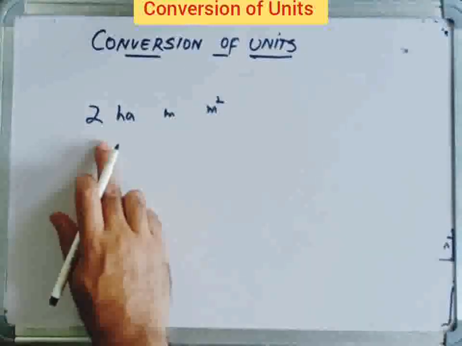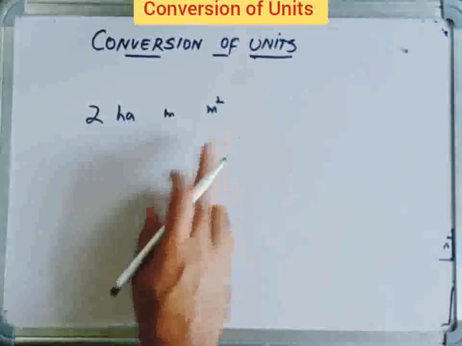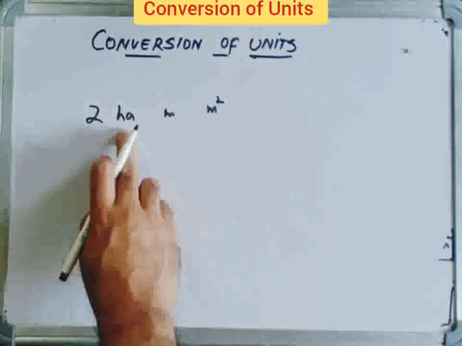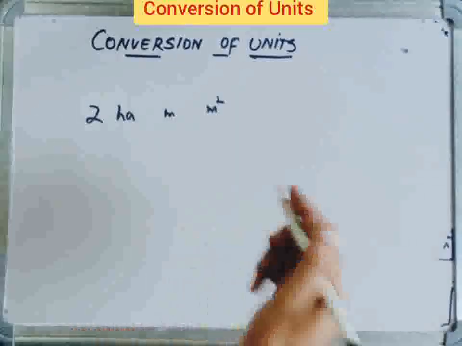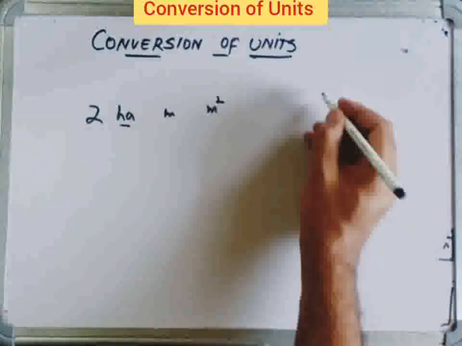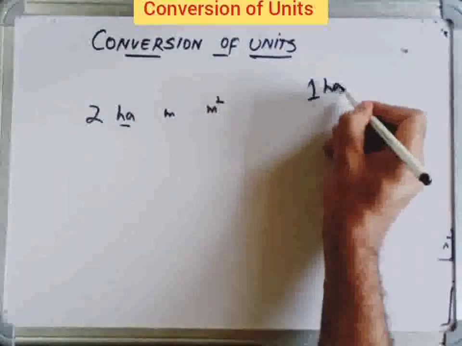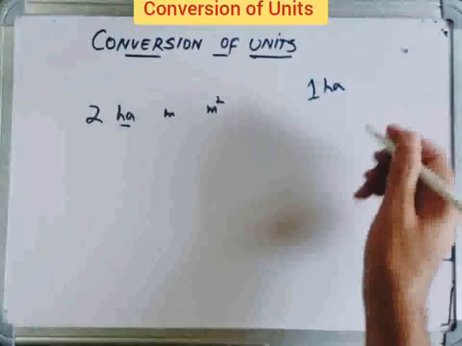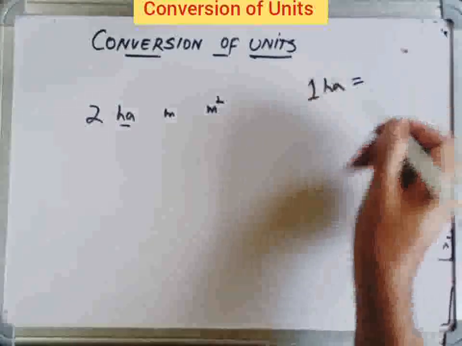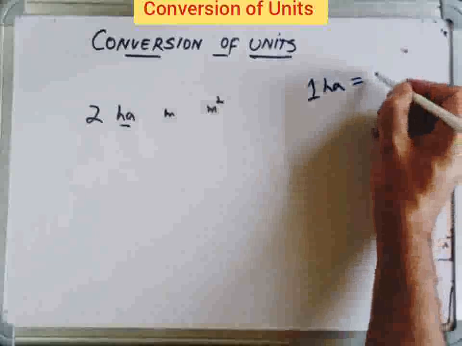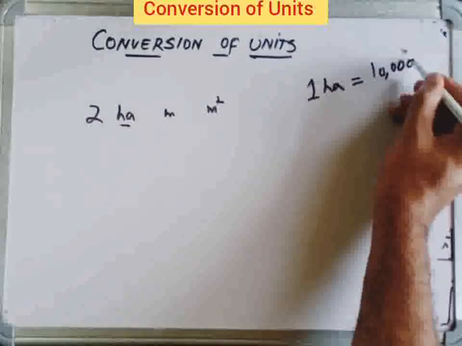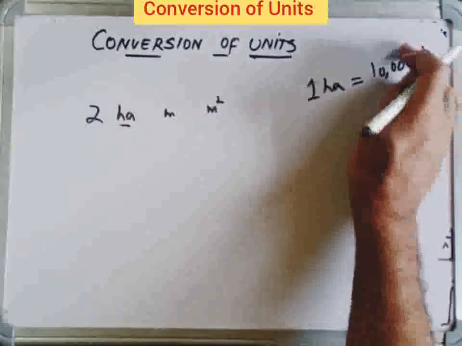Okay, so let's take another example. Say for example we have to convert 2 hectares into meter squares. Here in this case you are converting larger unit into smaller, so you have to multiply. First you have to find the relation between 1 hectare and meters. You know that 1 hectare is equal to 10,000 meter squares, right?